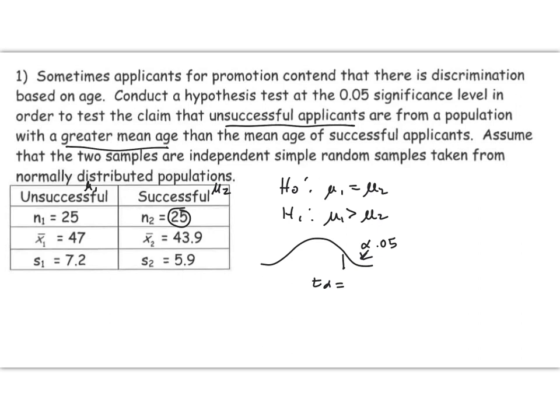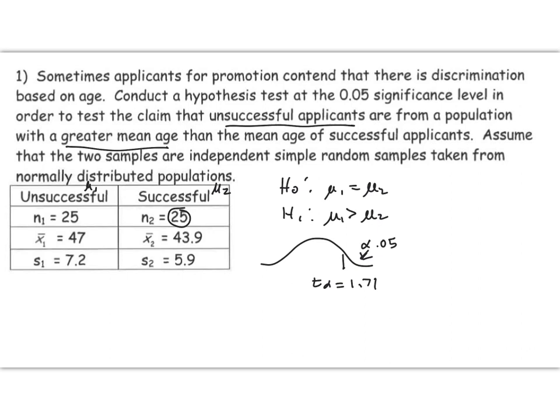T alpha would be very close to Z alpha because I almost have 30. And I get a t-score of 1.71, T alpha.